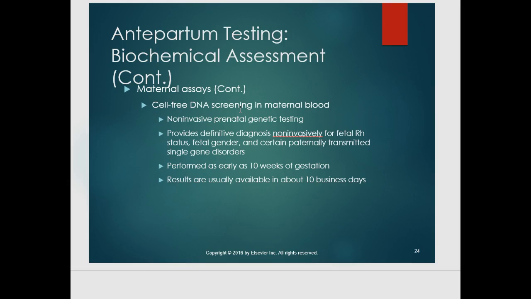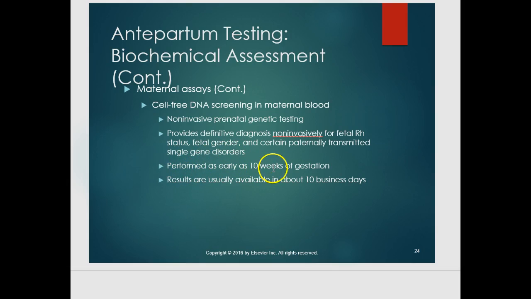It's non-invasive prenatal genetic testing. And so we can get a definitive diagnosis for fetal Rh status. How awesome is that? Fetal gender, and certain other transmitted single gene disorders, which are continually evolving, so I don't want to go into that. But we can get some gene disorders.